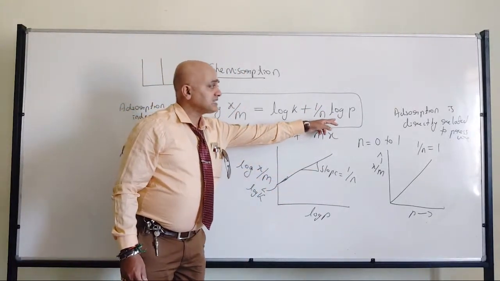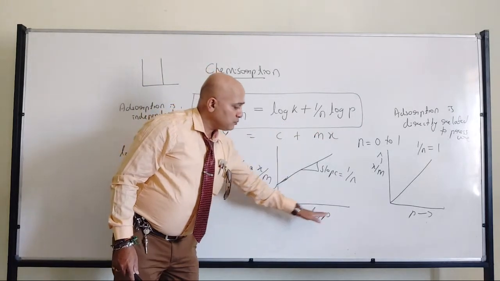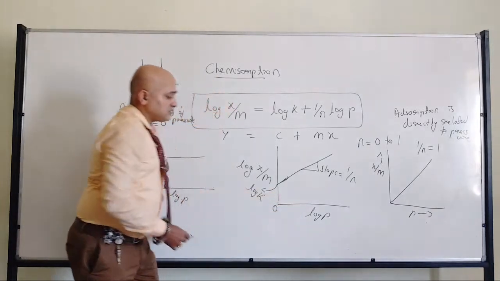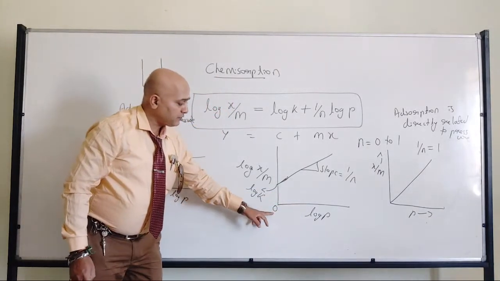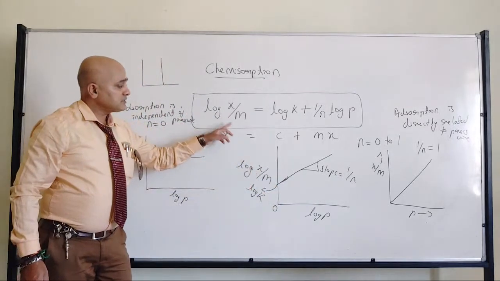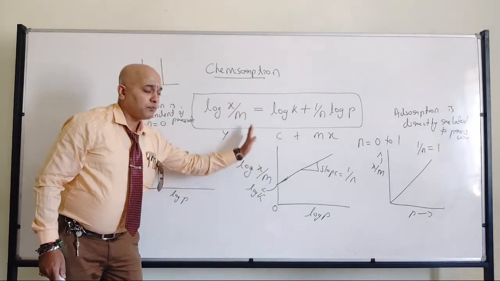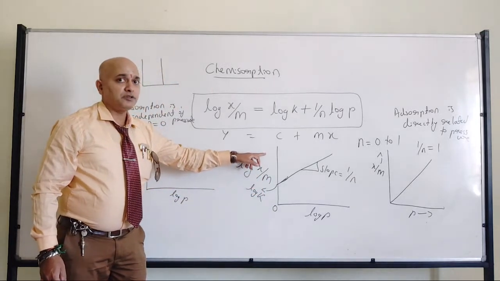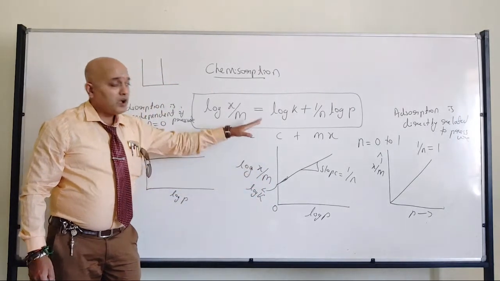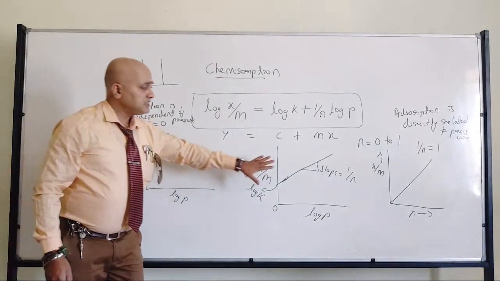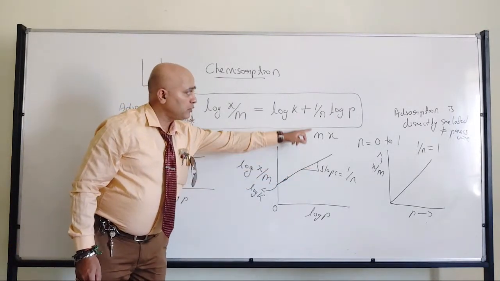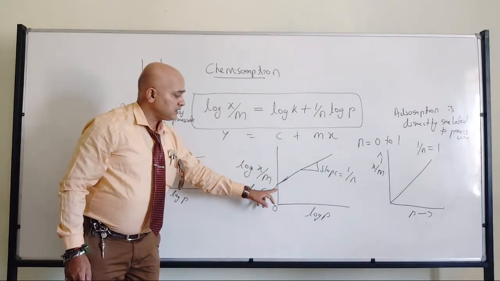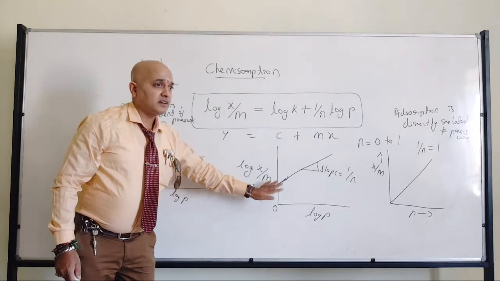The x-axis will be log of p; as you move rightward, the p value is going to increase because you are moving away from 0. Same logic for x by m: as you move upward, adsorption is going to increase. This is the standard graph where the slope will be equal to 1 by n and the intercept on the y-axis will be log of k.